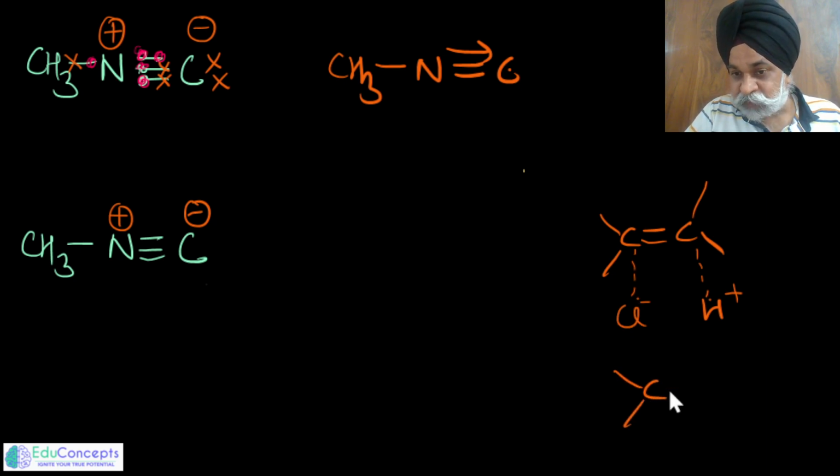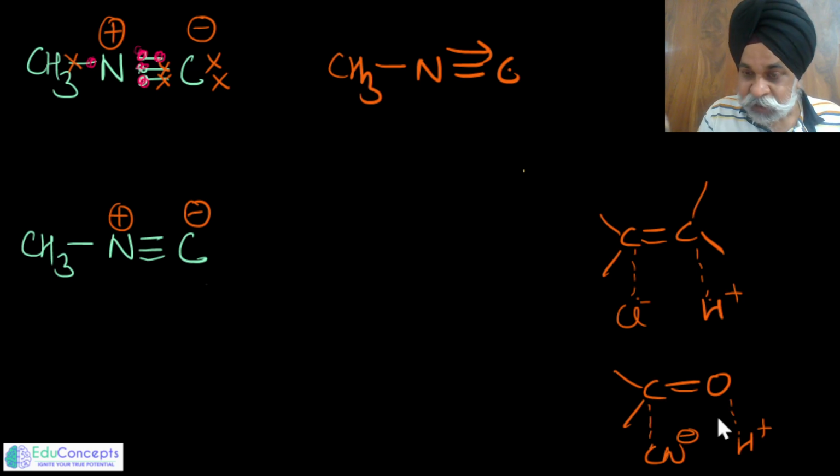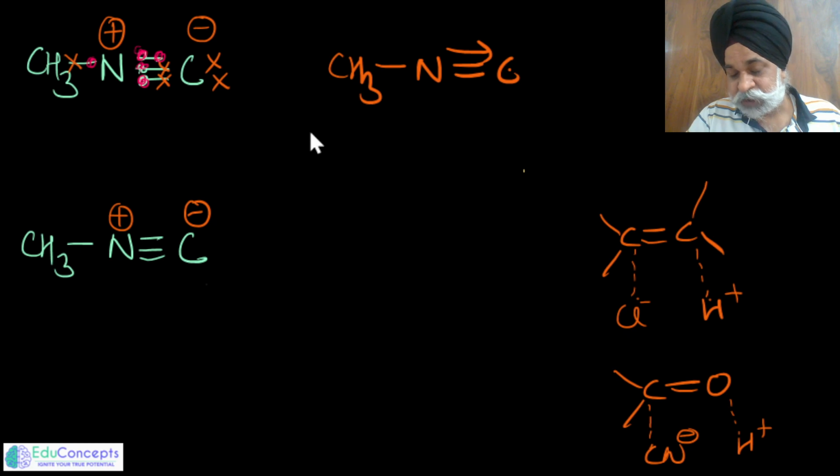If you have a carbonyl group, if H positive goes here, then CN negative goes there. During any addition reaction, the electrophile and nucleophile add across the double bond, depending on the nature of the double bond. But isocyanates are the class of compounds in which both electrophile and nucleophile add to the same carbon.